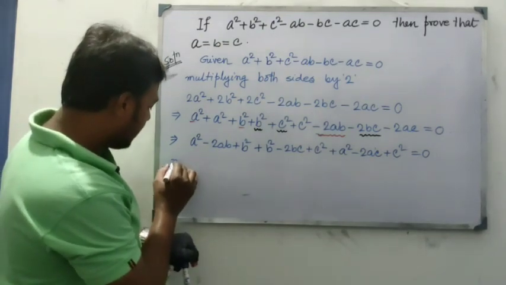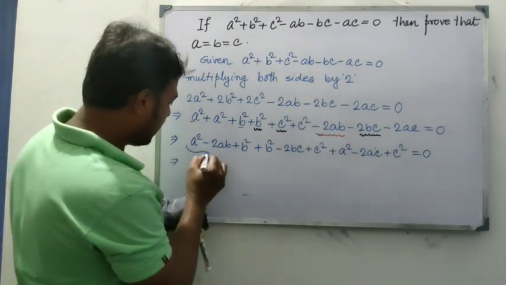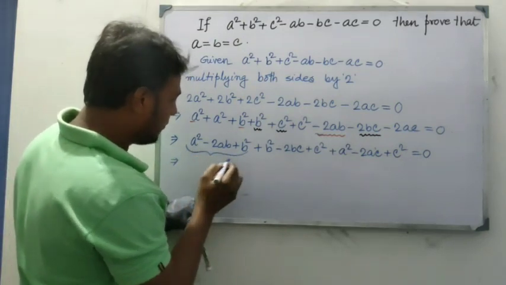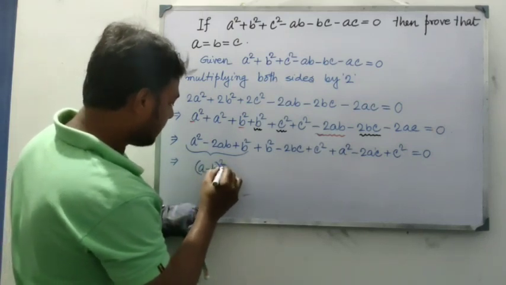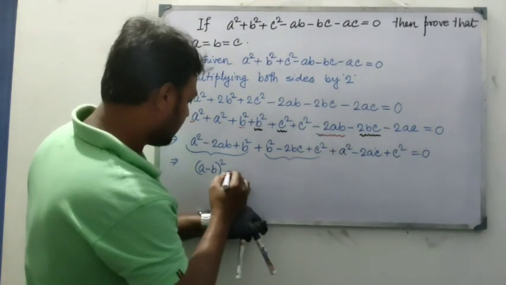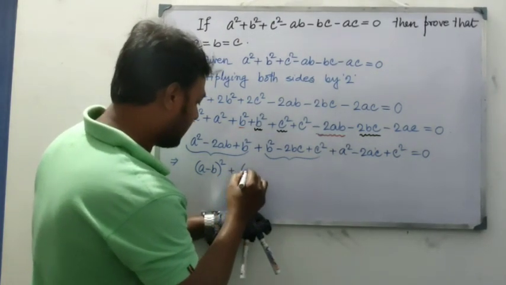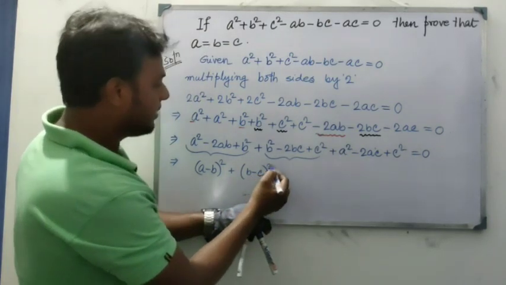Next, by the first three terms, we can make a minus b whole square. By the second triplet, we can make b minus c whole square. See, b minus c whole square, identities.